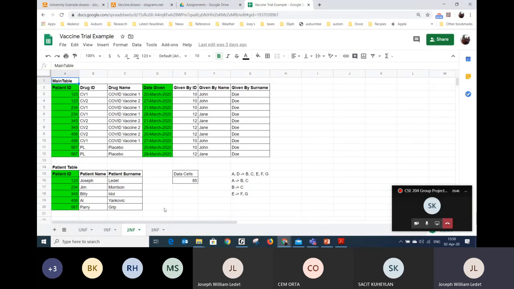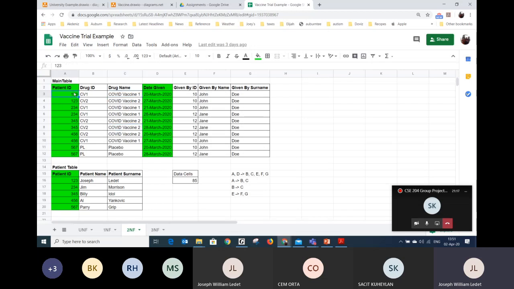The transitive dependency says there are some columns that may be fully functionally dependent on the primary key, but if we really look at them, they're really just dependent on some other column. So yes, it's fully functionally dependent on the primary key, but I can't just look at this and get this information every time.